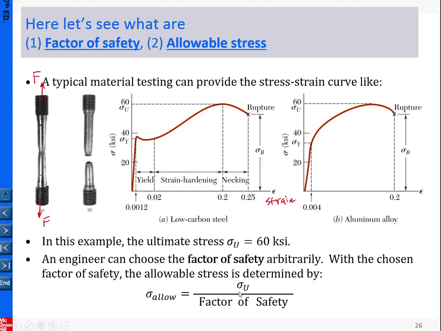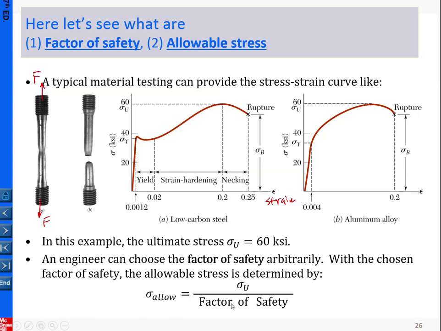So, based upon the material property of ultimate stress, we as engineers introduce a safety margin. A safety margin is defined through the factor of safety. For example, if you define a factor of safety as 10, then your allowable stress equals 60 divided by 10, equal to 6. So the allowable stress of 6 KSI is the maximum stress allowed in your design.